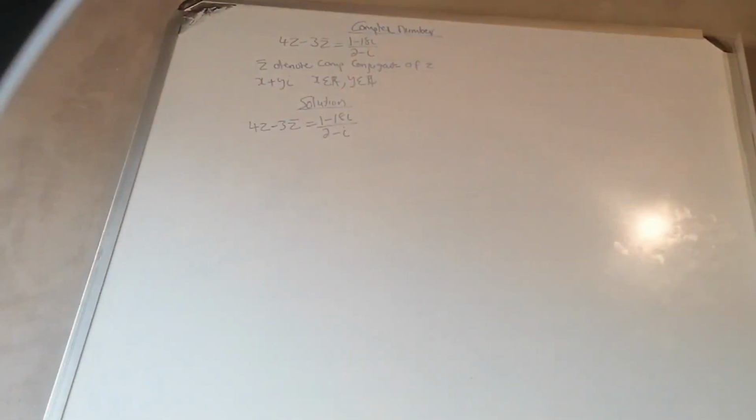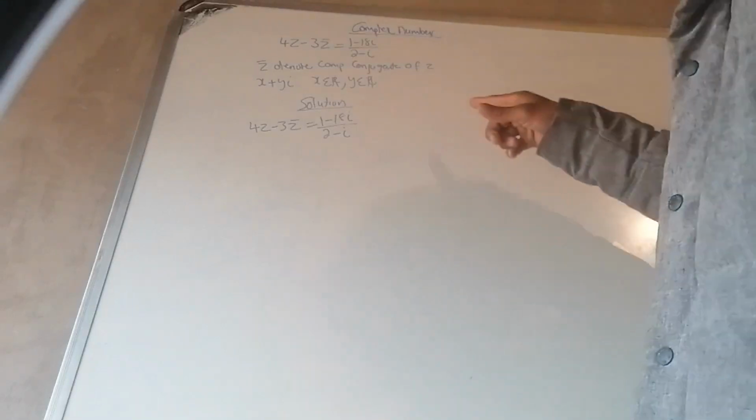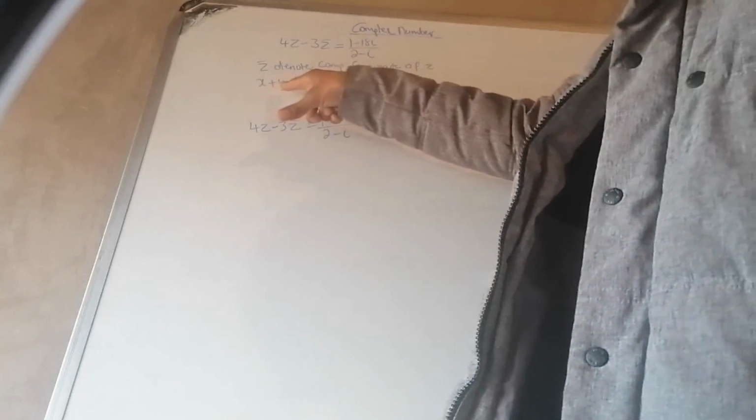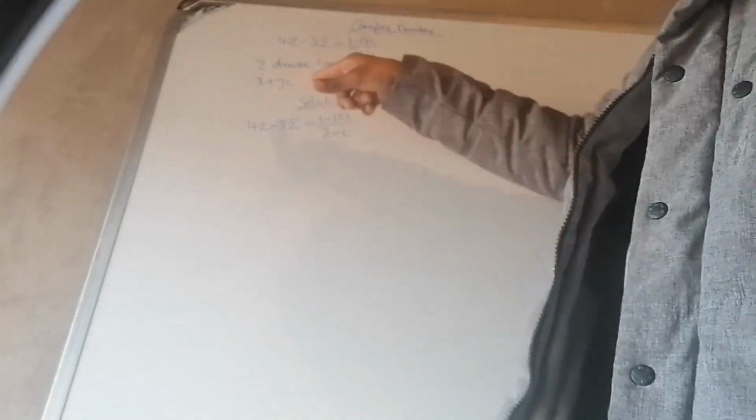Now the question is, how do we solve this? If z bar denotes the complex conjugate of z, how do I know the value of z and the value of z bar? That should be the question. The first thing I can do is look at the form x plus yi, where i denotes the imaginary unit.